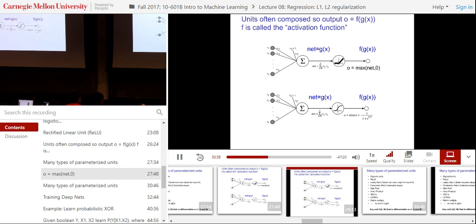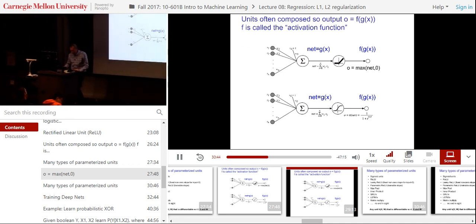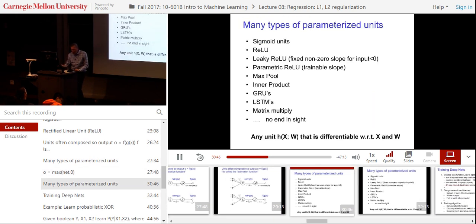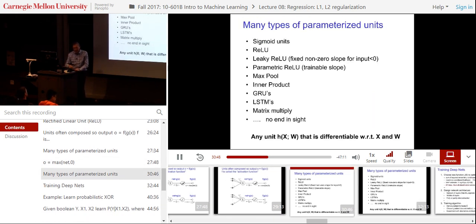Practically speaking, you're even in good shape if it's differentiable nearly everywhere. Okay, and the reason that that's an important property of the units is that our training procedure is gradient descent, just like it is for logistic regression. And so we have to be able to calculate those derivatives in order to train our system.